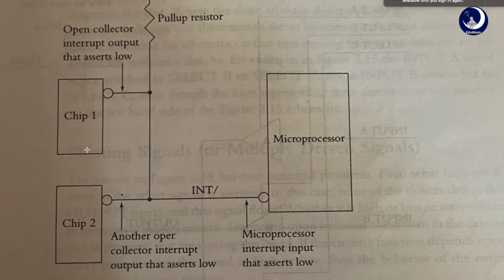There is another class of output which can drive the signals high, drive them low, or let them float. So standard parts drive the signals high or low, open collector outputs can drive the signals low or float, but tri-state outputs can drive the signals high, low, or float.